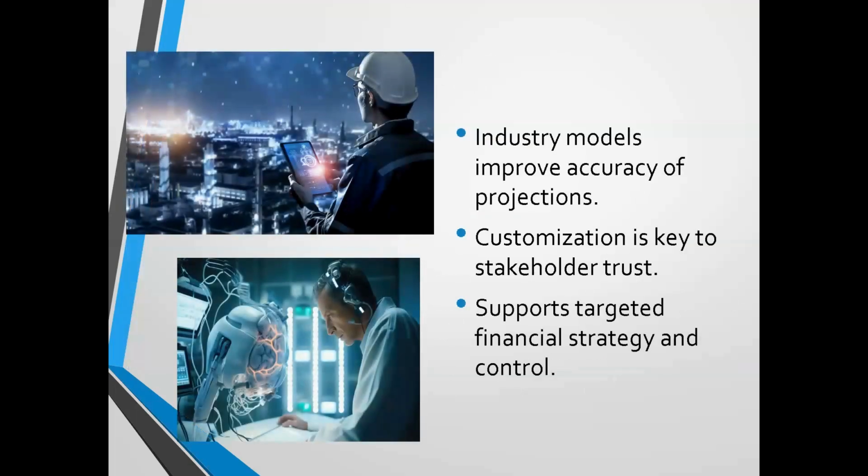Industry models improve accuracy of projection. Customization is the key to stakeholder trust, supports targeted financial strategy and control. By using industry-specific metrics, it improves model insight and decision-making quality. By enabling better financial planning, control for strategic decisions.